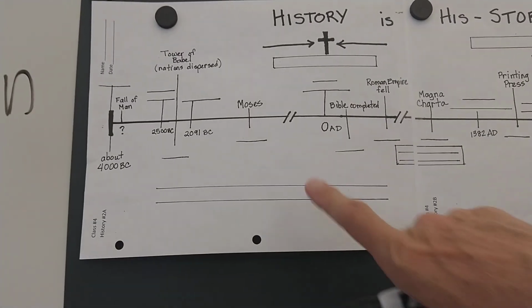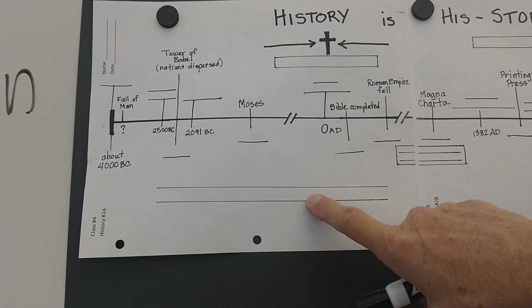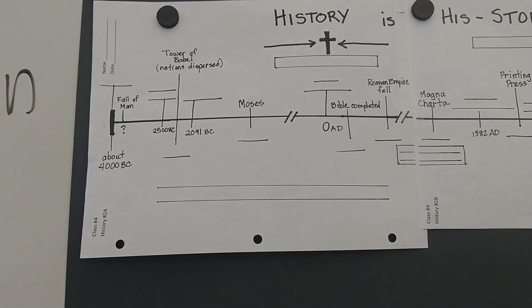So over here, final thing for this, on these two lines, I want you to write what you think is significant about this time. Something about God plans all things for his people, or God has perfect timing in history.